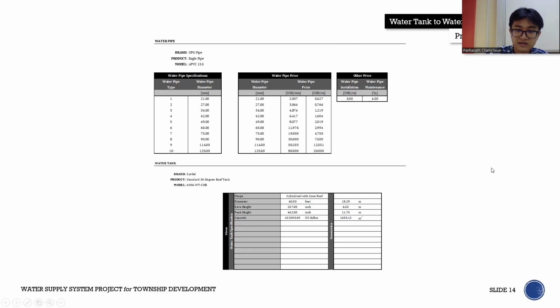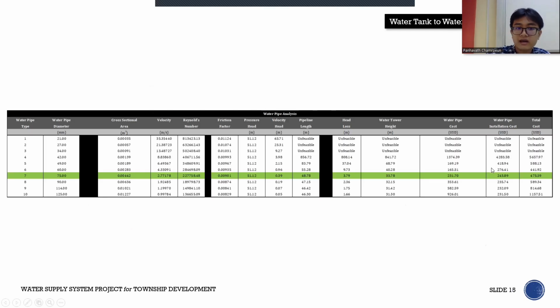Which one of them is the best? Let's take a look. As you can see from this chart, the green line is the most optimal dimension for both water tower diameter and height for all three of our products.